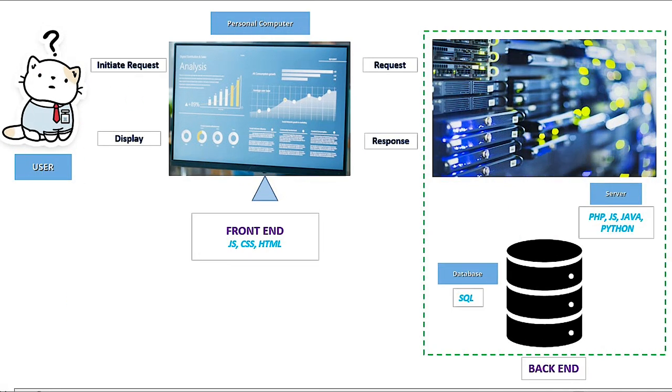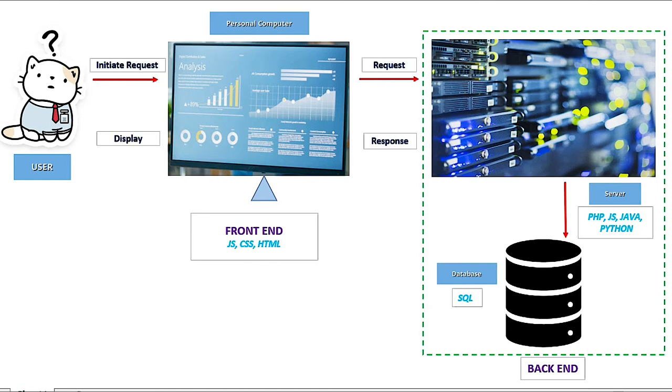Let's have an example. You want to find a LinkedIn profile. You are using a Google search engine. You will initiate that request. The request will go to the server. Server will talk to the databases and ask for that information.